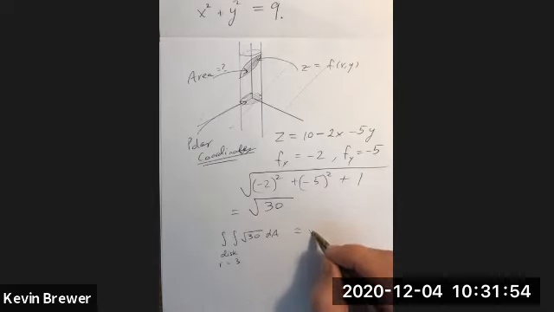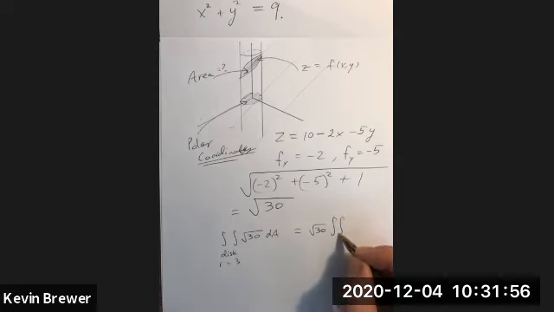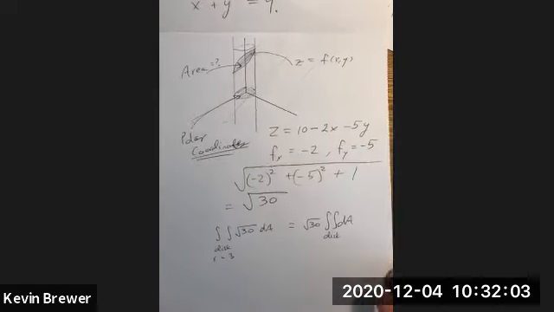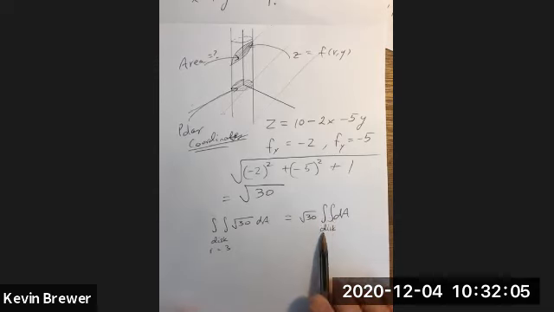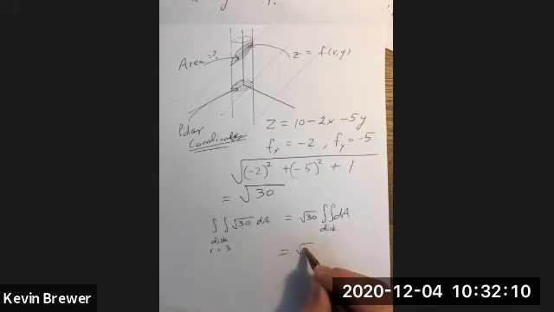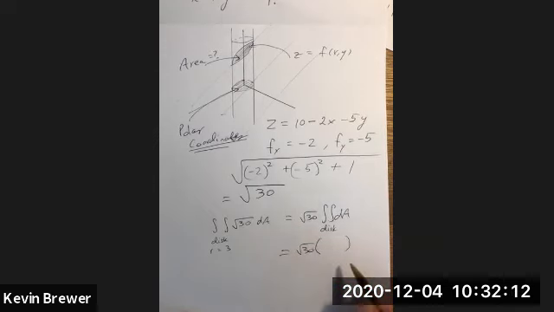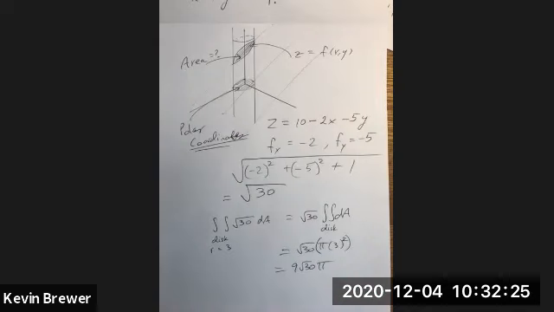So since this is the square root of 30 times the double integral dA, we remember that the double integral dA is just the area of the disk. So this is the square root of 30 times the area of that disk, which is pi times 3 squared. So 9 square root of 30 times pi is the answer there.